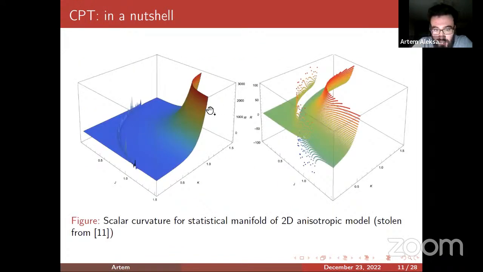On this slide, you can see the scalar curvature for the two-dimensional Ising model. And here you can see two parameters: the couplings, the spin-spin interactions in different directions.